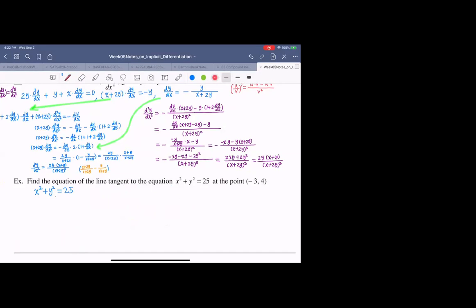You want to find the tangent line. So you want to first give a try for the derivative. Use the implicit method first, okay?